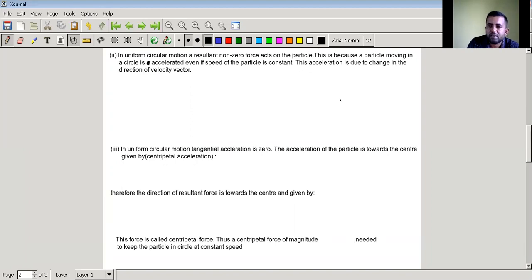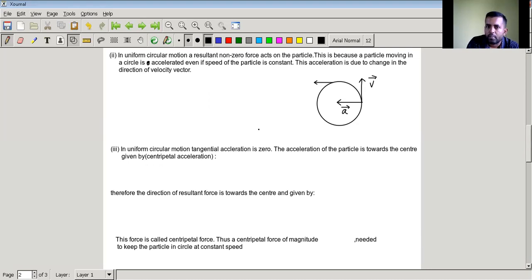So what happens as the particle goes in a circle, fine, then just now we said that suppose the particle is here, velocity is in this direction and acceleration is in this direction. Now what this point says is that this acceleration occurs because there is always change in velocity, right? If I take a point here and here, there is a change in velocity, and because of that acceleration comes into play.